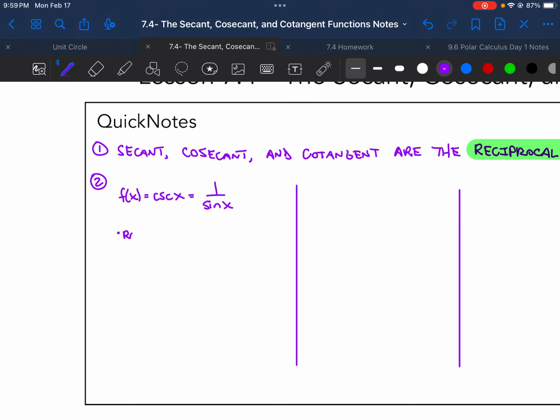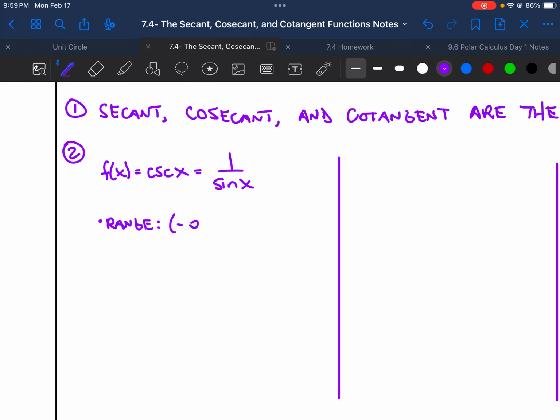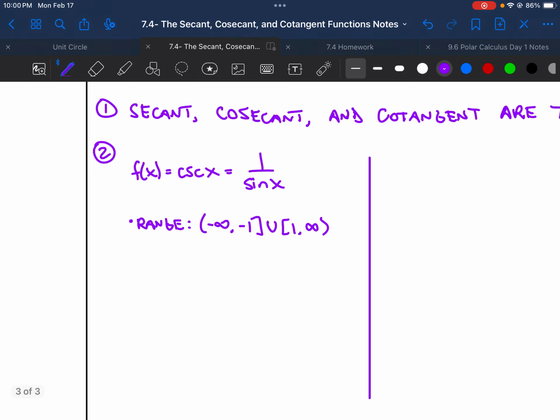The range, as we took note, the range is negative infinity to negative 1 union 1 to infinity. And cosecant is undefined when sine of x equals 0. Okay, so that means the domain of the parent cosecant function is all real numbers except for when sine of x is equal to 0, which is 0, pi, 2 pi, so on and so forth.